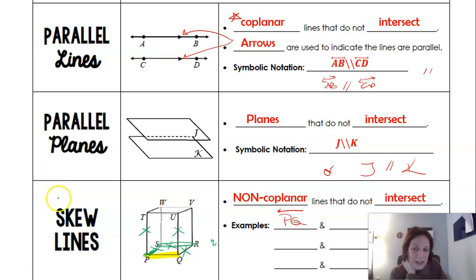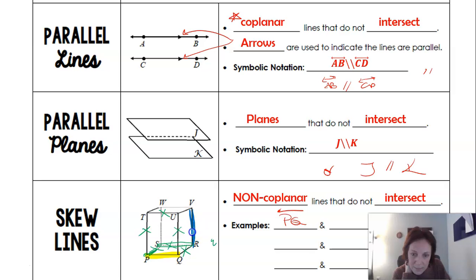Same thing with TU. PQ is running along the floor. TU is right above it, running along the ceiling, but on the same wall. That's parallel. That's not skew. What you're looking for when you're looking for a skew line is something like VR.